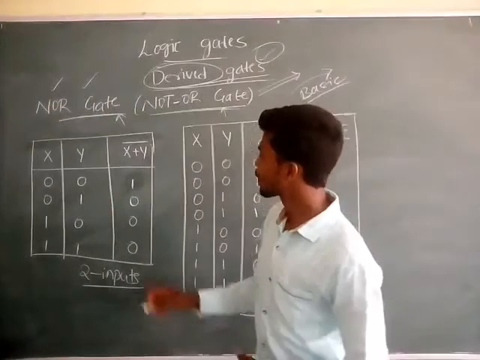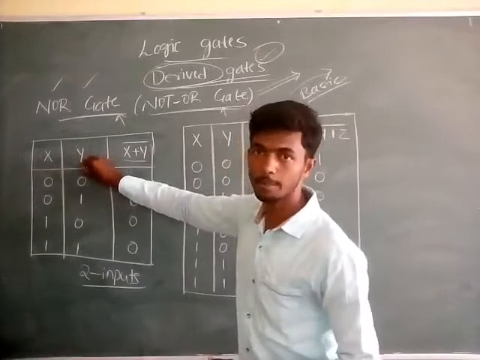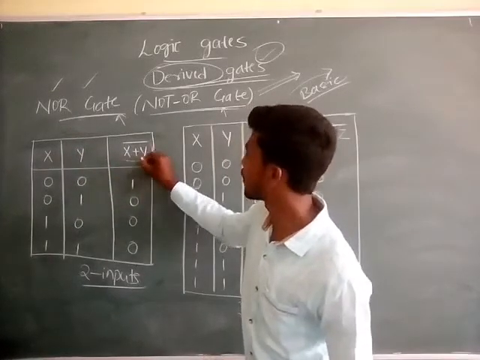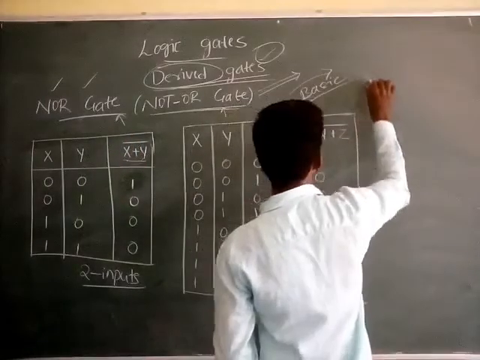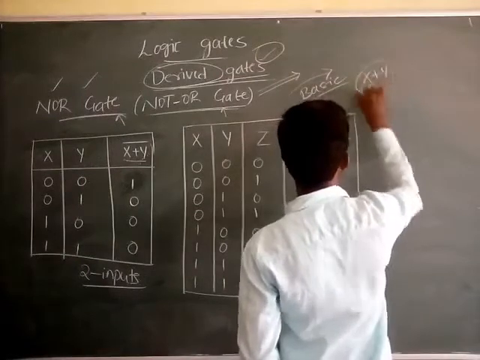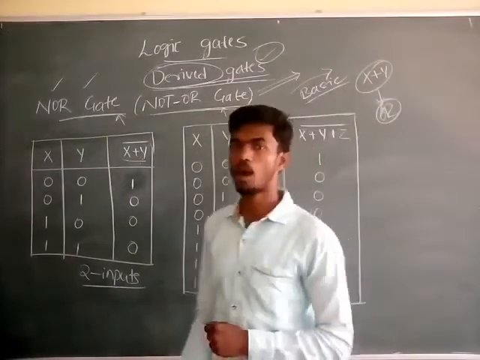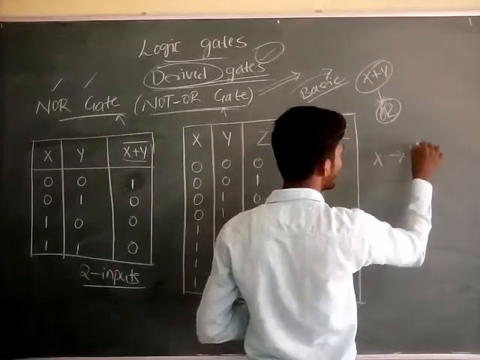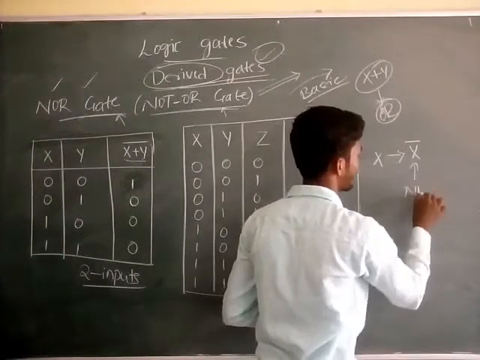So let us see this. For two inputs X and Y, the result for our NOR gate is (X plus Y) whole complement. X plus Y represents the result of the OR gate, and the complement of X, X complement, is the result of a NOT gate.